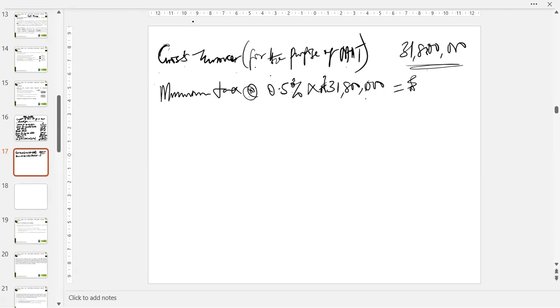What do we have? 159,000. Okay. So this is how you compute your minimum tax.